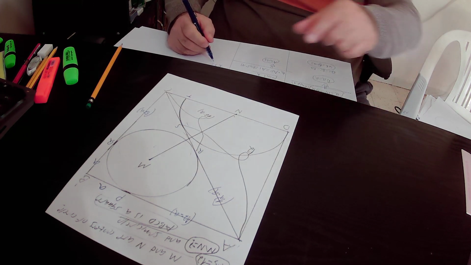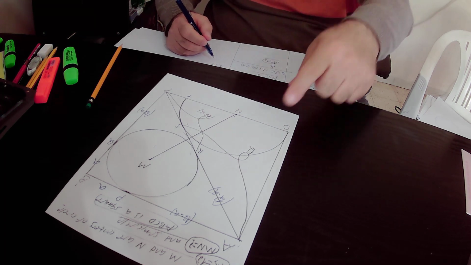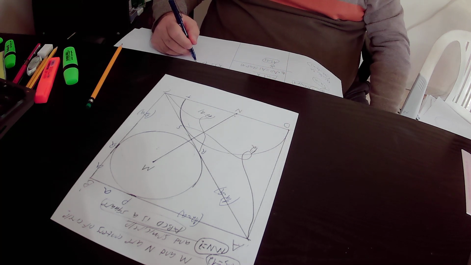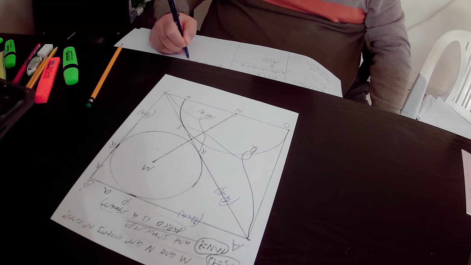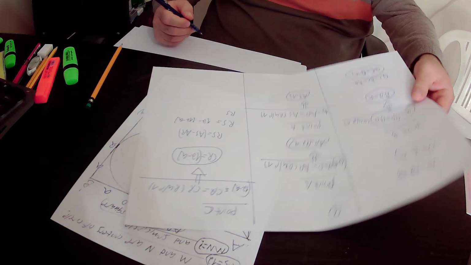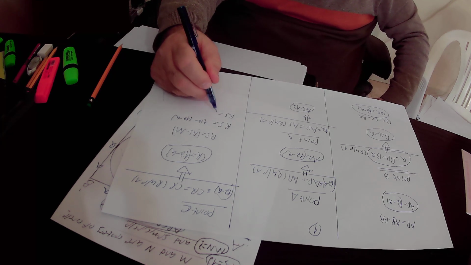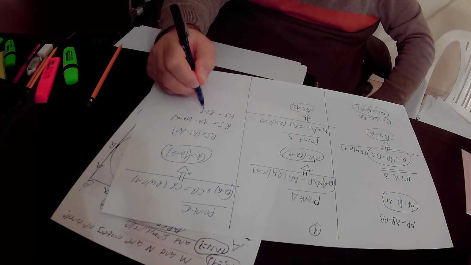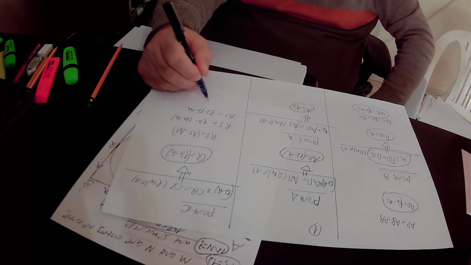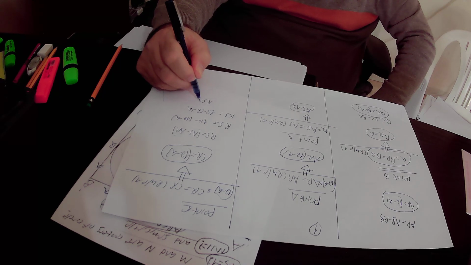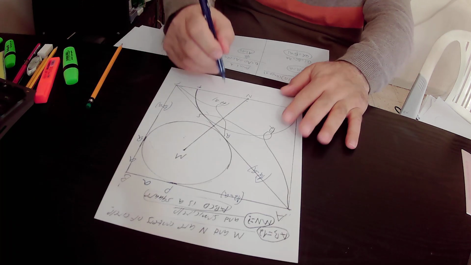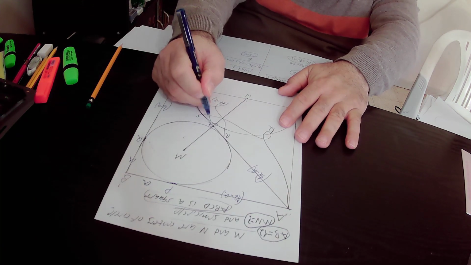So RS, the length of this line segment, is equal to AS, that is 12 units, minus AR, that is 12 minus A. So RS equals 12, we will open the brackets here, 12 minus 12 is 0, minus and minus is plus. So in conclusion, we found out that RS equals A. So we can write here that RS equals A units.